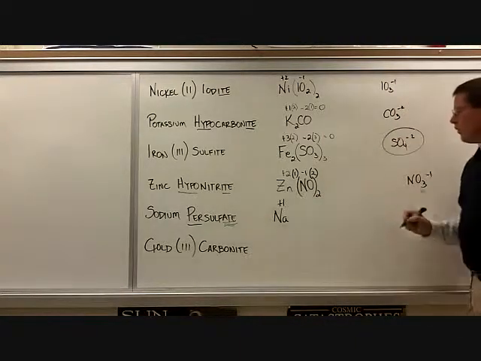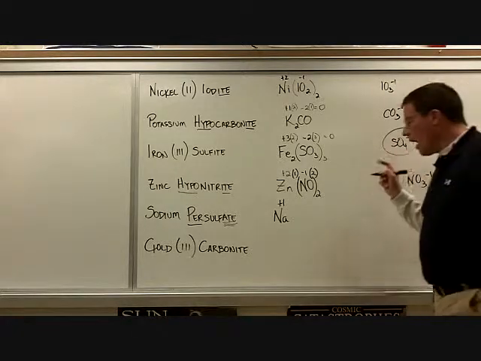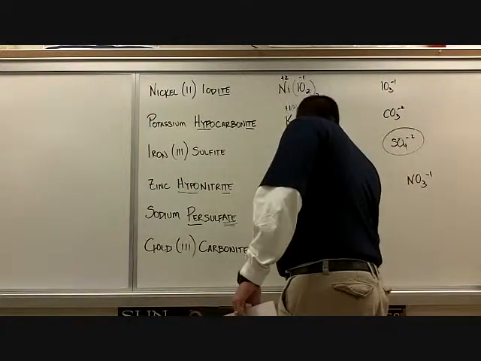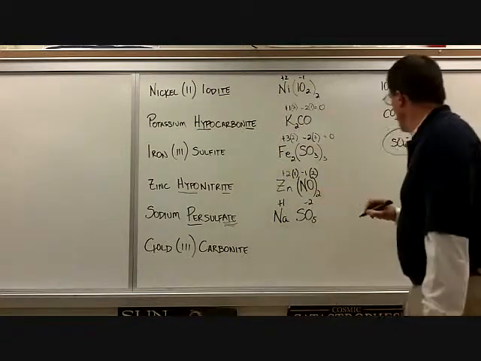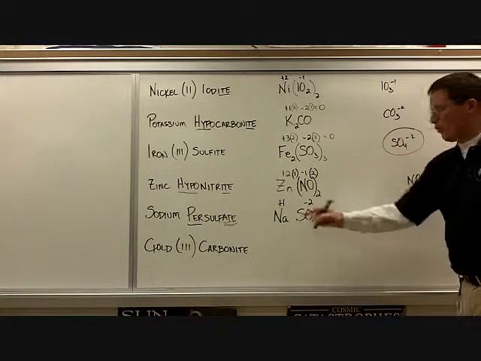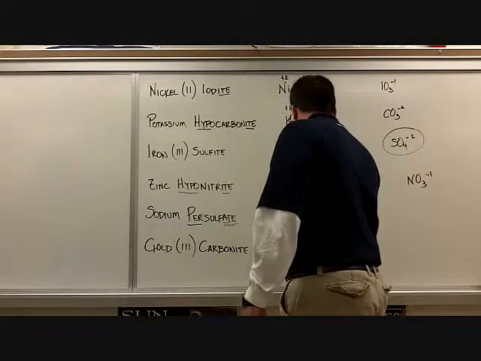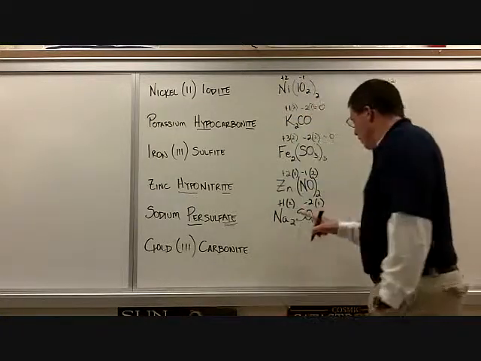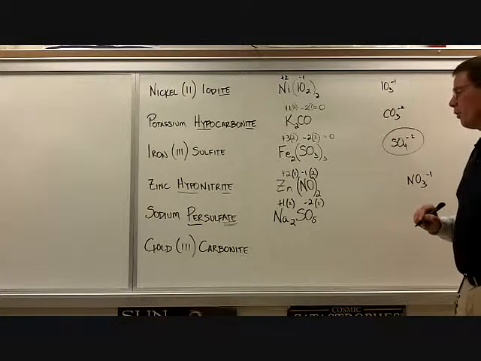If it's persulfate, that means I add 1 more oxygen, which is SO5. And the charge is still -2. So if I have a -2 charge on that, how many sodiums do I need? Very good. 2 of those. So 2 of those and 1 of those.